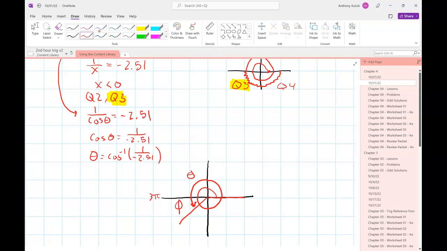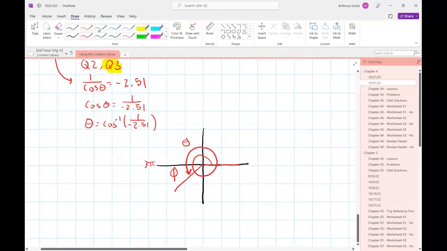So I'll label my parts. Again, I labeled my theta, that x-axis piece that makes up my phi, and then my angle phi. Now, is theta bigger than 3 pi or smaller than 3 pi?